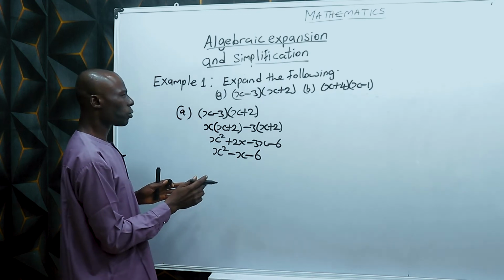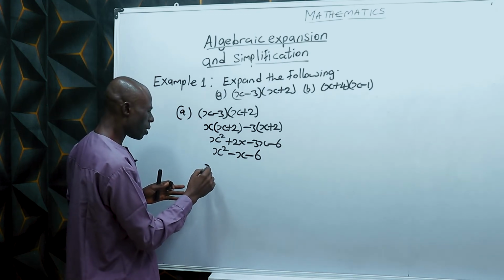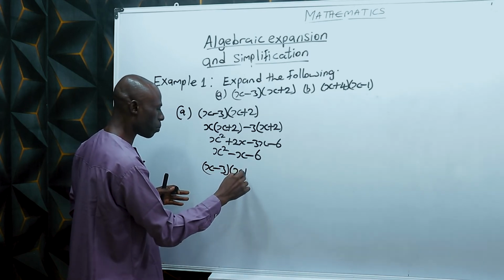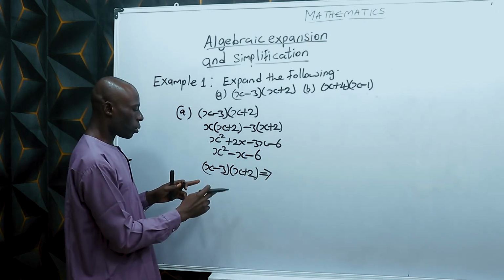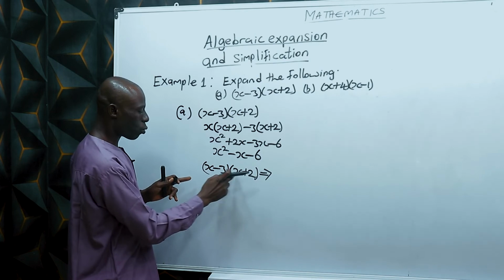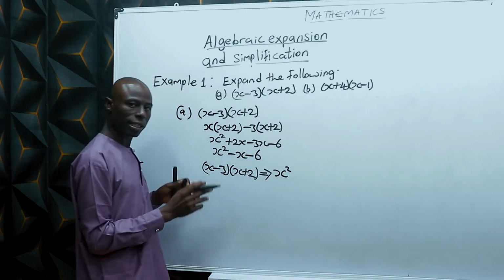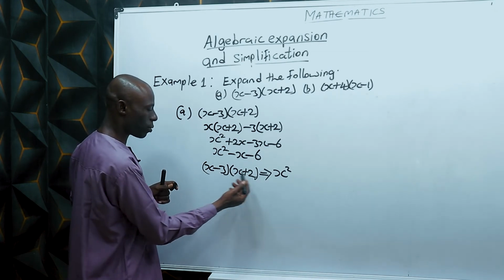If you want to use direct approach, x minus 3 into x plus 2 will give you the product of the two variables there. X times x, that gives you x squared. That is direct approach. Now add the two constants together.